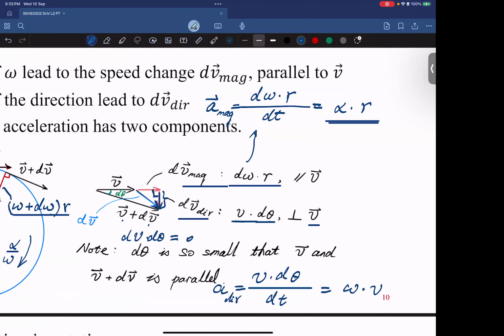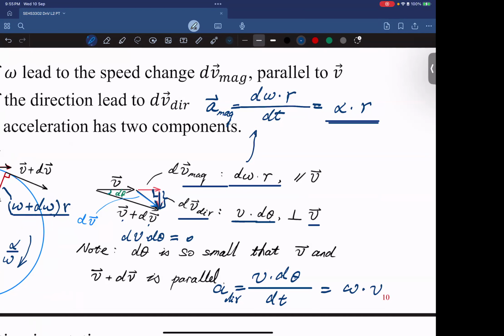it's possible it moves at a constant speed, right? Then it does not have tangential acceleration. In this case, that point can only have acceleration perpendicular to its velocity, right? This is the velocity. This is the acceleration.